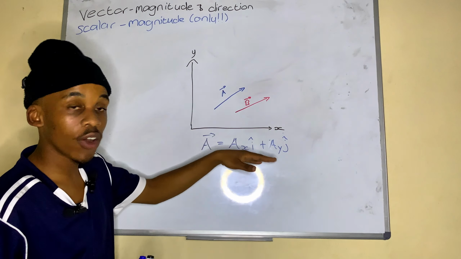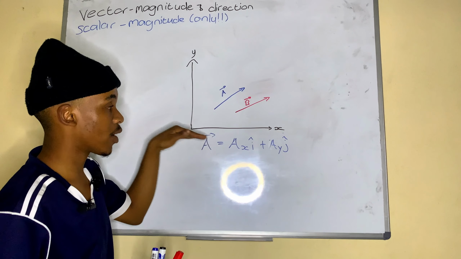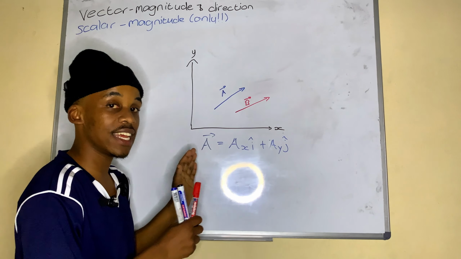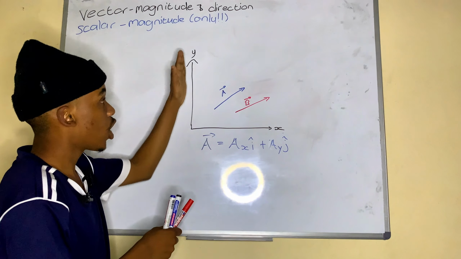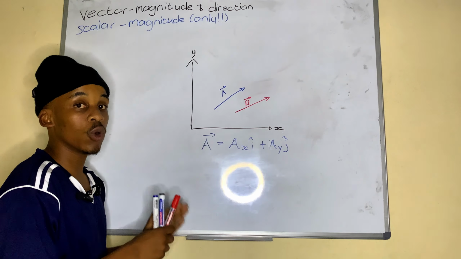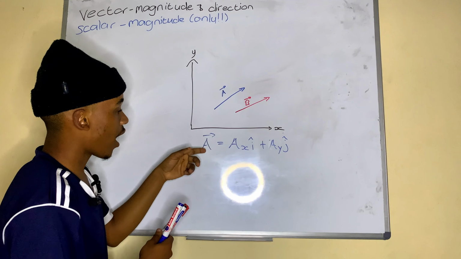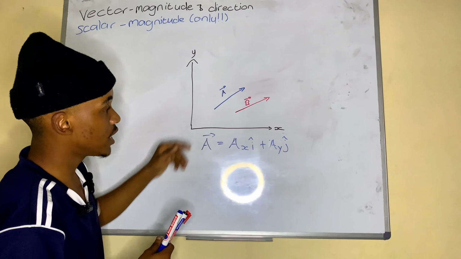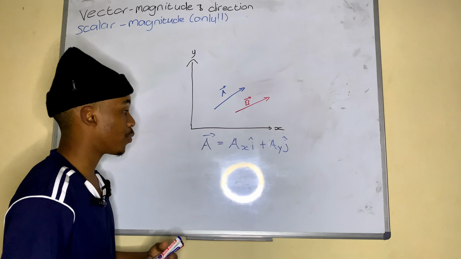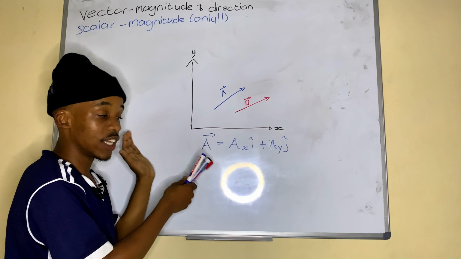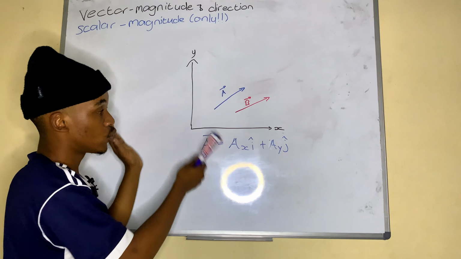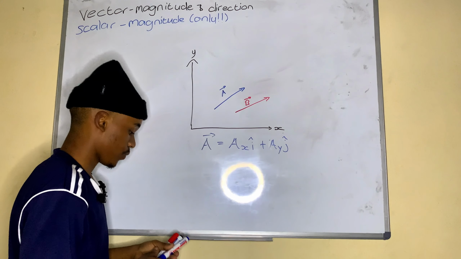But if it lies along either one of these axes, maybe along the x-axis, it will only have an x component, and if it lies along the y-axis, it will only have a y component. But since vector A lies in between, it will have both the x and the y component, since we're working with a two-dimensional coordinate system.